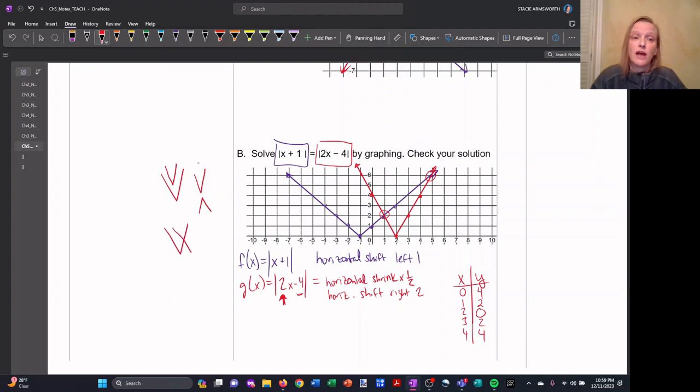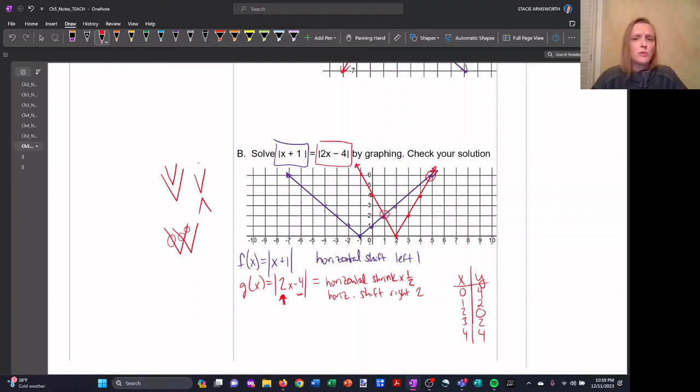For instance, if I have overlapping V's like this, where the slopes are the same, so this branch and this branch are parallel, they don't intersect with each other, but it does intersect with this branch of the absolute value equation here. So by graphing, we're able to visualize whether these absolute value equations have 0 or 1 or 2 solutions, depending on the situation.